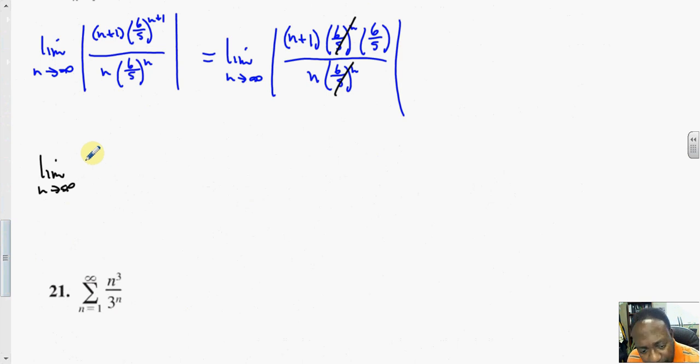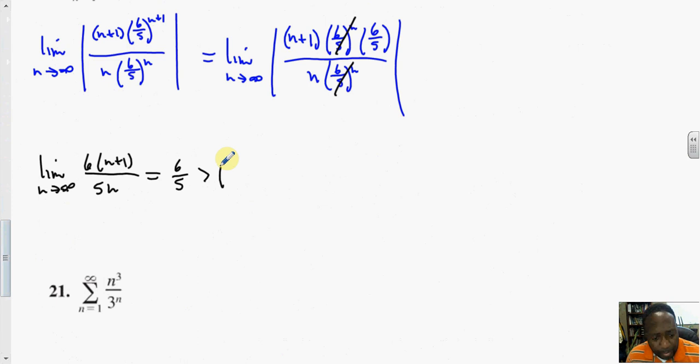What we have left is 6 times n plus 1 all over 5n. This is 6 times that n plus 1. 5 goes downstairs with this n here. Now, this limit is 6 over 5. It's greater than 1.